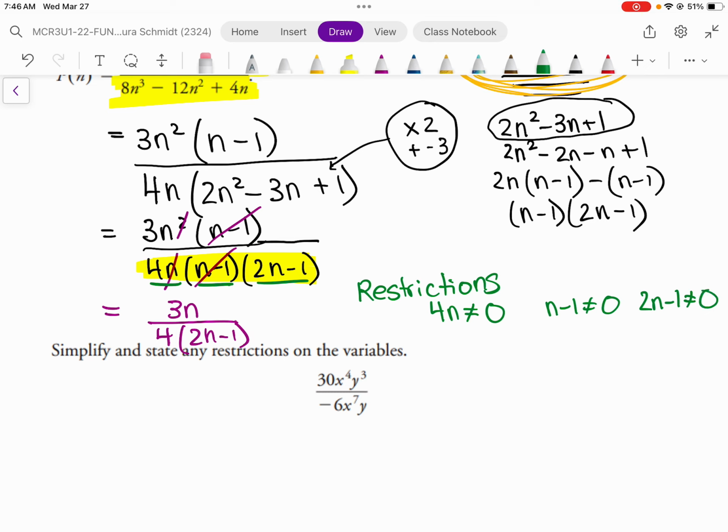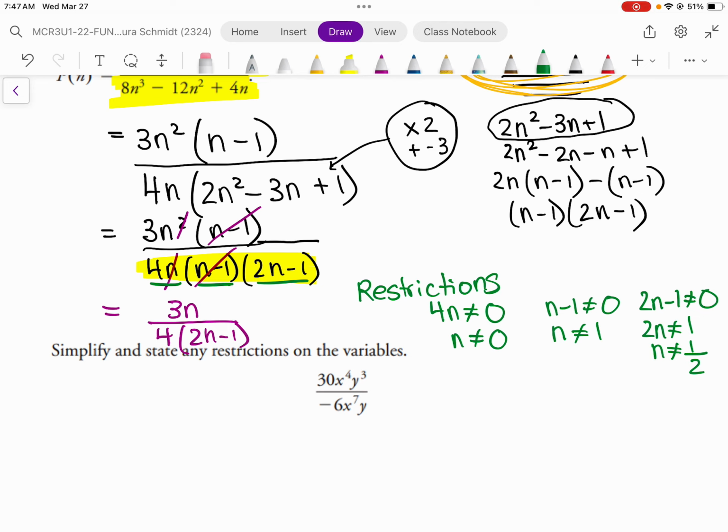So 4n can't equal 0, that means n can't equal 0 if I divide both sides by 4. If n minus 1 can't equal 0, then let me move the minus 1 to the other side, so n can't equal 1. 2n minus 1 can't equal 0, so 2n can't equal 1. And if I divide both sides by 2, n can't equal a half.